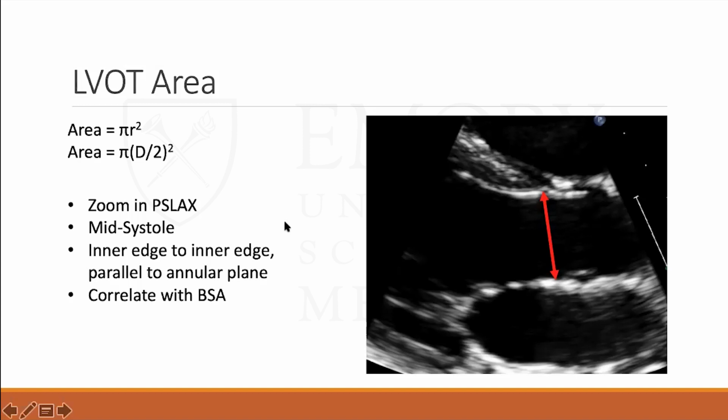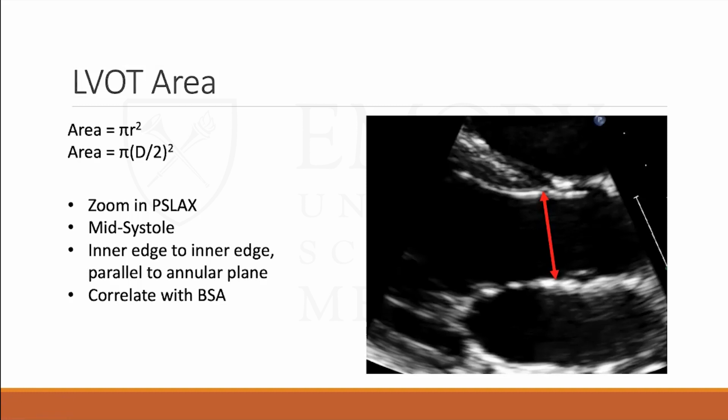The way you're supposed to measure your LVOT diameter is you zoom in on the aortic valve in the parasternal long axis view, and in mid-systole, which is not only when the annulus is the biggest but also when it's the most circular, you measure inner edge to inner edge parallel to your annular plane.